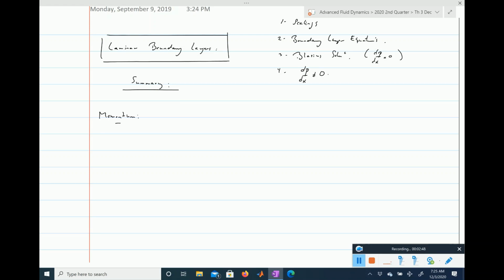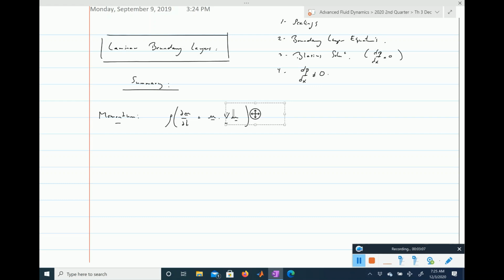So when we wrote our momentum equation, we started in the first quarter discussing the Navier-Stokes equation, the momentum equation. So let me remind you, we have rho times partial u partial t plus u grad u.